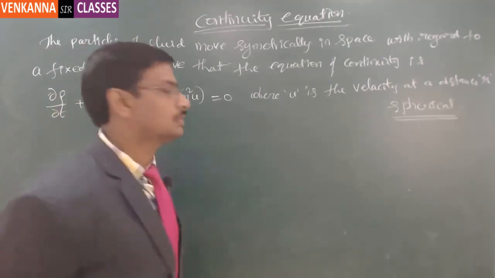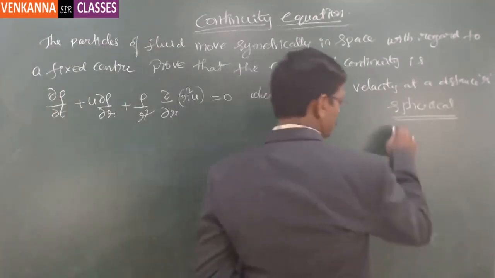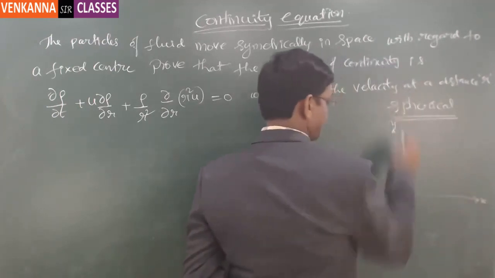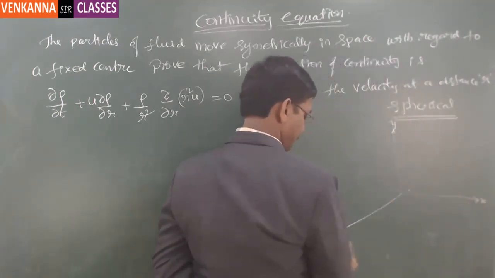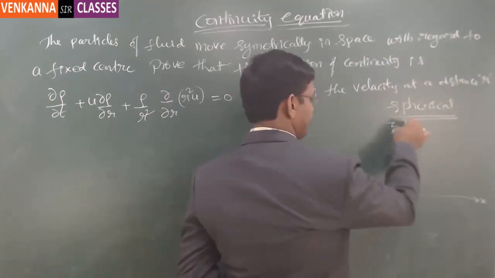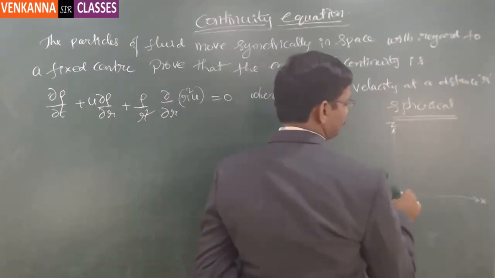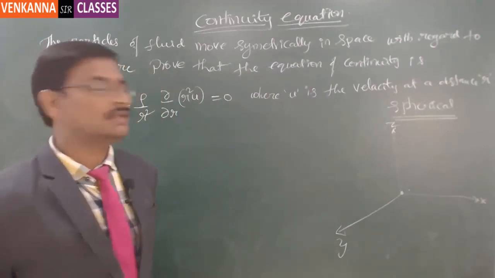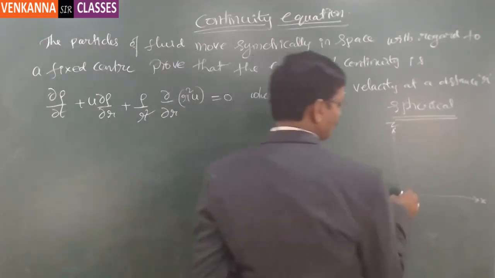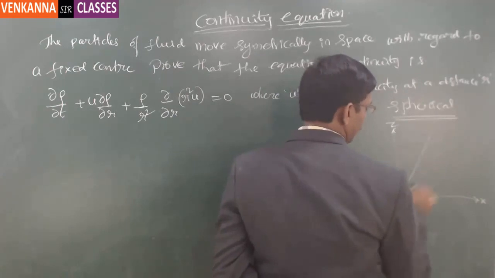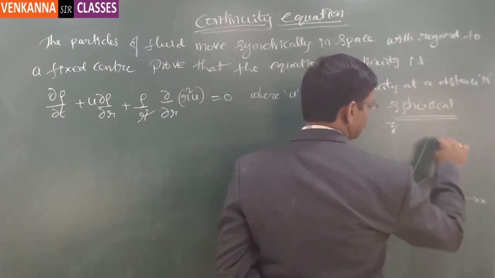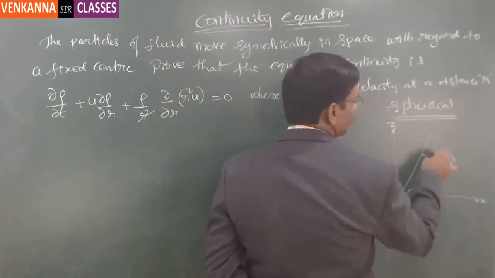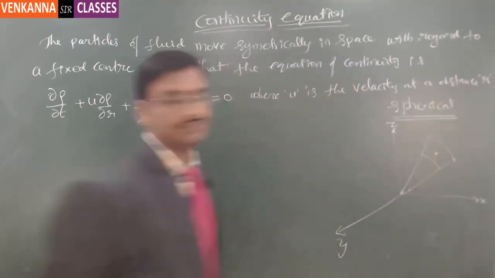So this is the fixed point. A particle is moving in space, in the radial direction. If you take a random fluid particle, this is the particle we have considered.